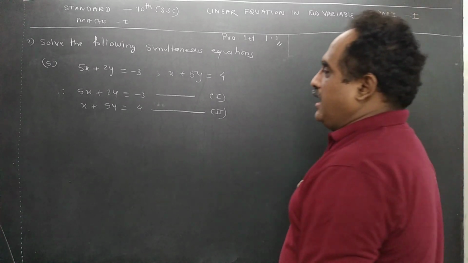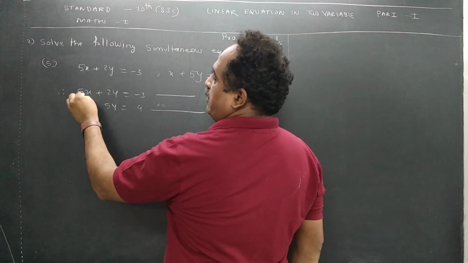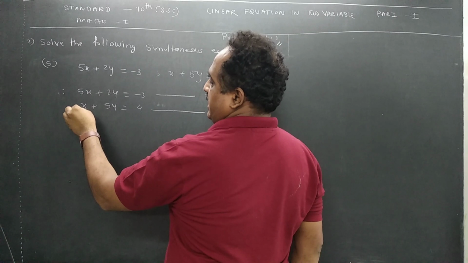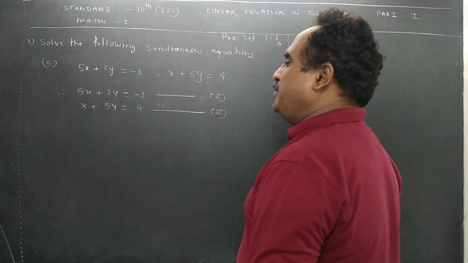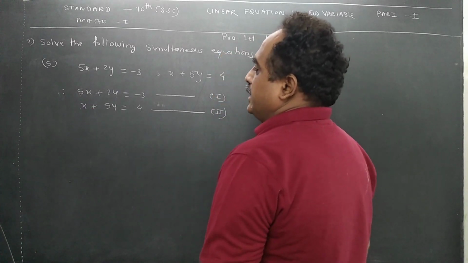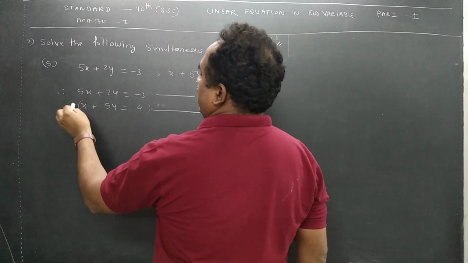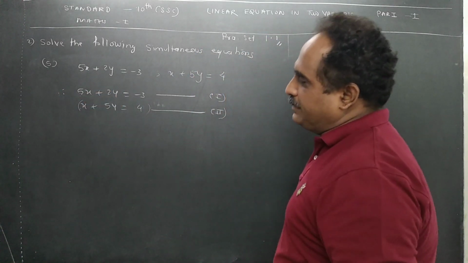Okay. Now see here, the coefficient of x is 5 and 1, and it is 2y and 5y. So we can make the coefficient of y equal very easily. So here we are going to multiply by 5, here it is 1. There is no point in multiplying by 1.